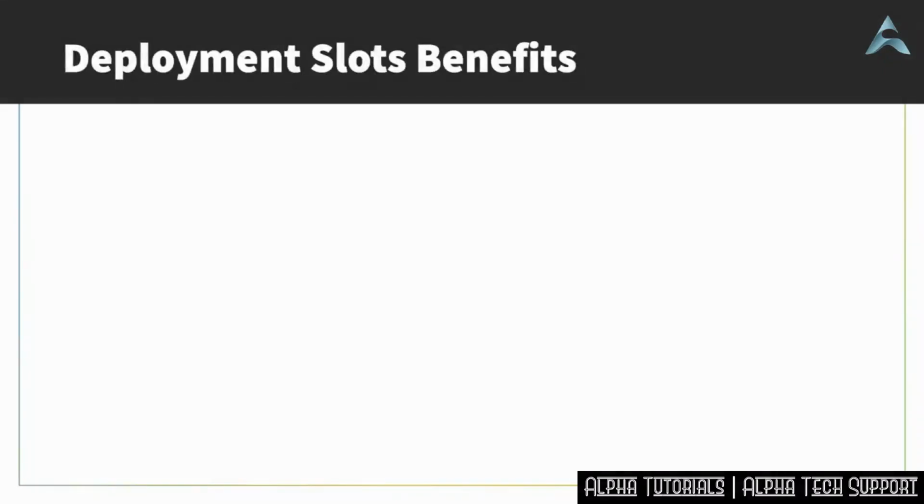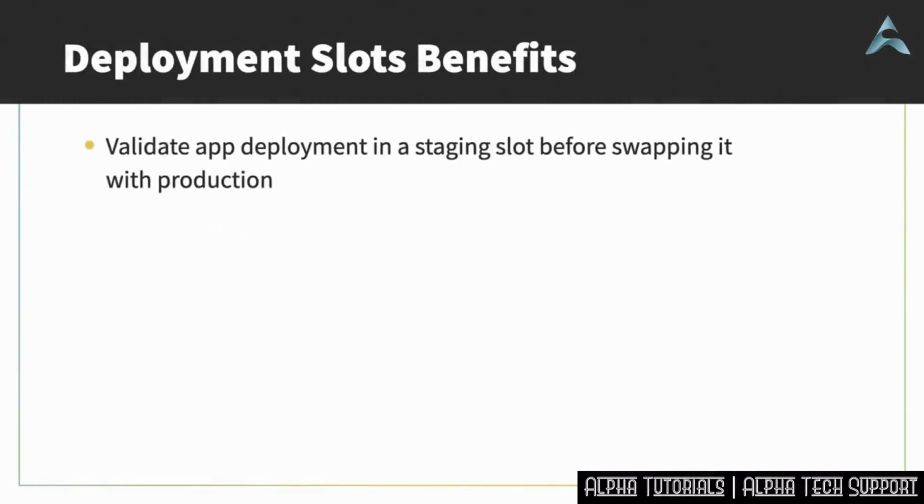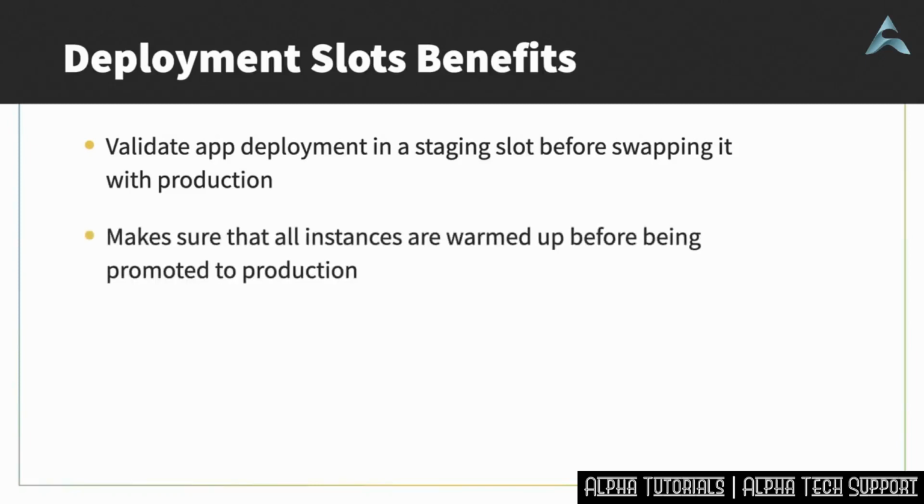What are the benefits we have with this? Validating the deployment. If you're using the staging slot, you move this into production, and you just want to validate this. Making sure instances are pre-warmed before they are promoted to production.